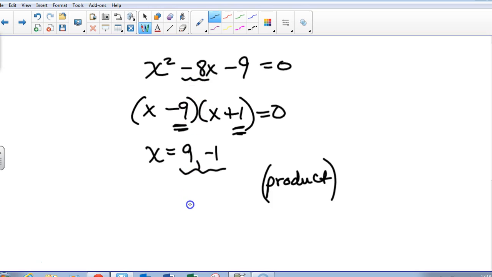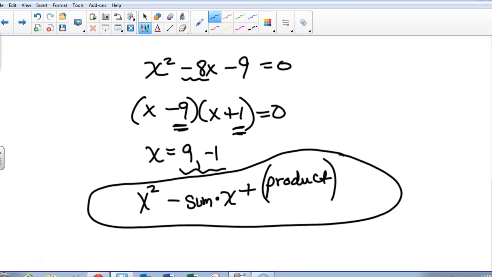So adding up is called the sum, and it's going to be the opposite of the sum. Okay, it's x squared minus the sum times x plus the product. That's the rule. Write that down somewhere. x squared minus the sum of the zeros x plus the product.